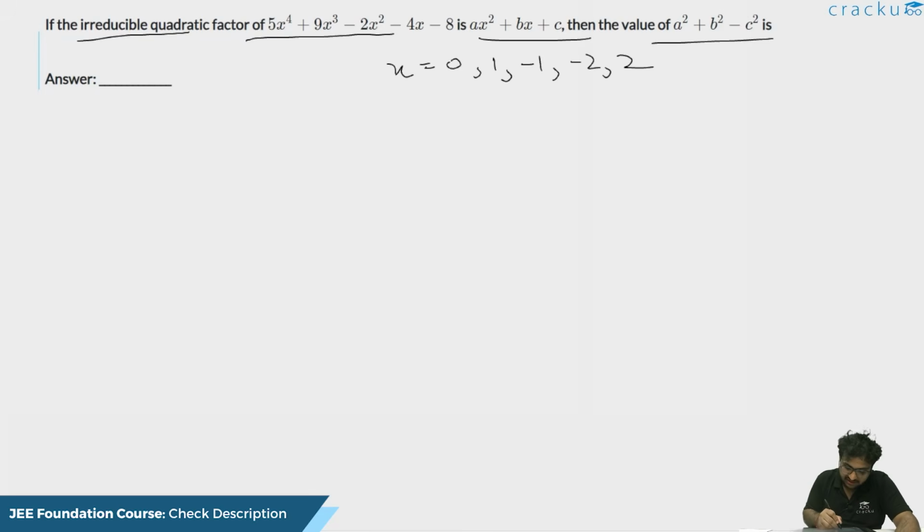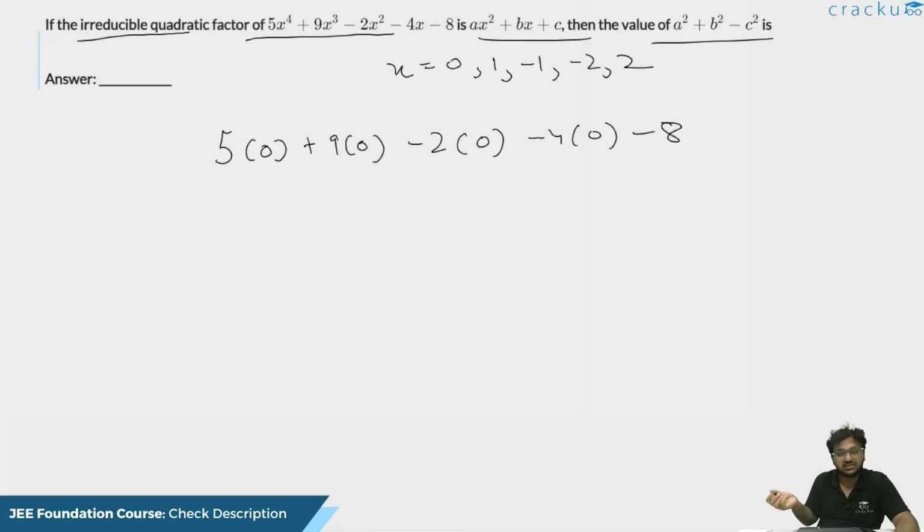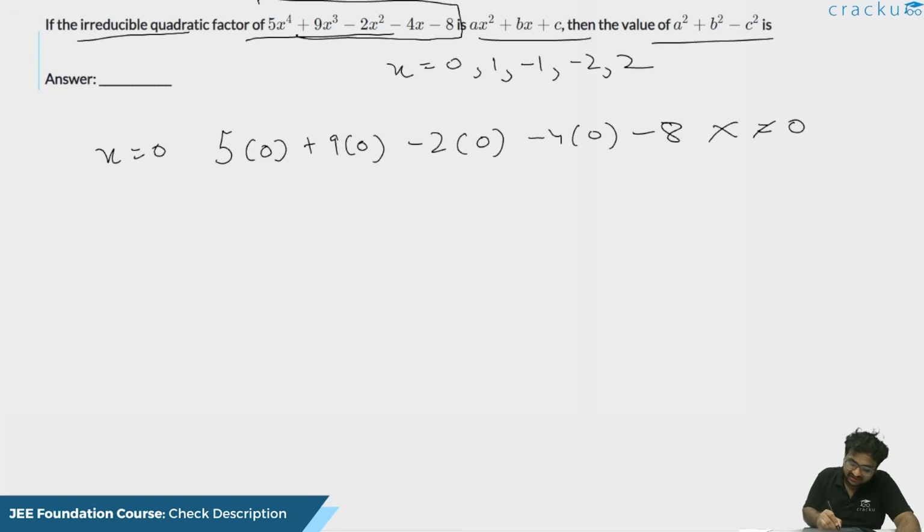If we put 0 in this, it won't be equal to 0, because x4, x cube, x square, x will all be 0, and only if the constant is 0 will this be 0. So this is not a root.